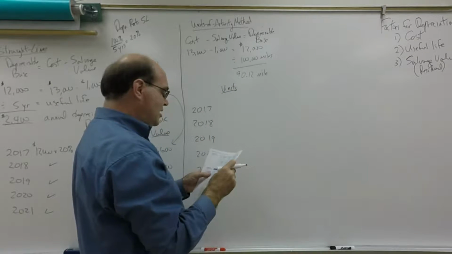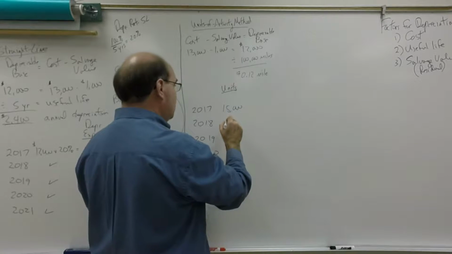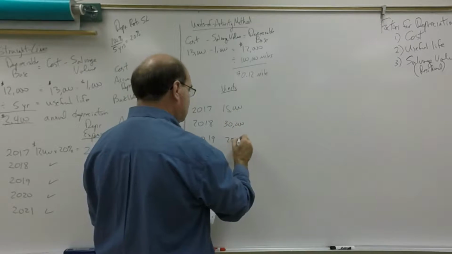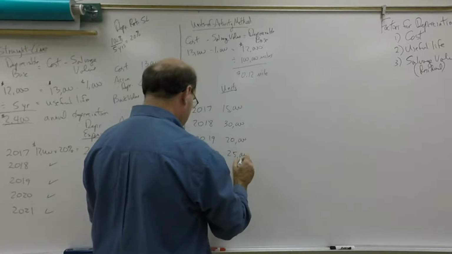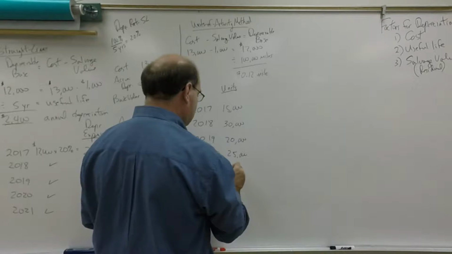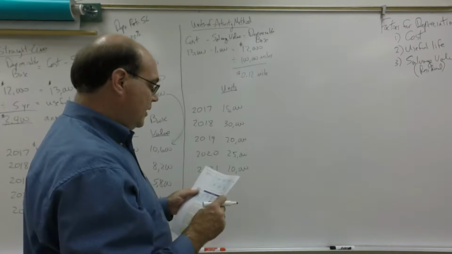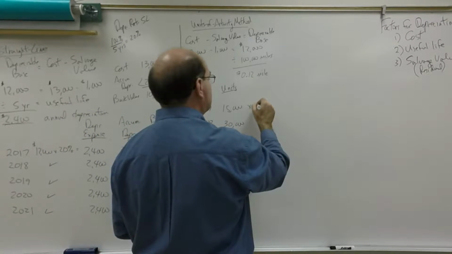And so somebody has to estimate that. They say we're going to drive 15,000 miles the first year, 30,000 the next year, 20,000, 25, and then last year we're going to drive 10,000. Now we're going to go through and we're going to multiply it by 12 cents.